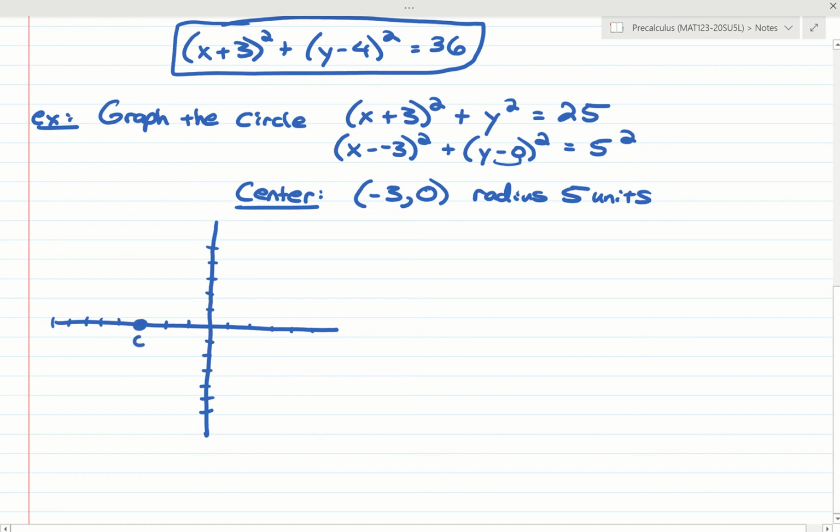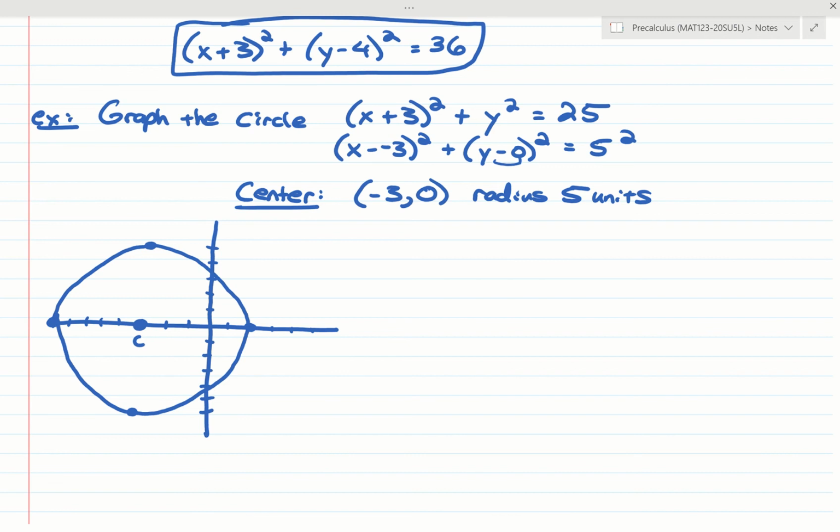If the radius is 5 units, let's go 5 units up. Let's go 5 units down. Let's go 5 units to the left. And let's go 5 units to the right. Let's try to connect the dots as circular as we can. Oh goodness. Okay, so it looks more like an egg, but that's how you would graph a circle.